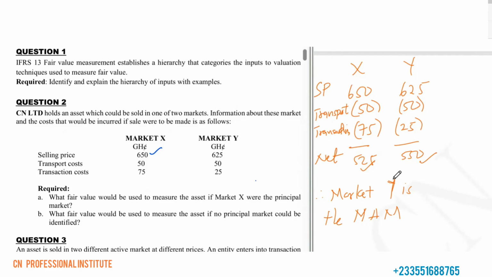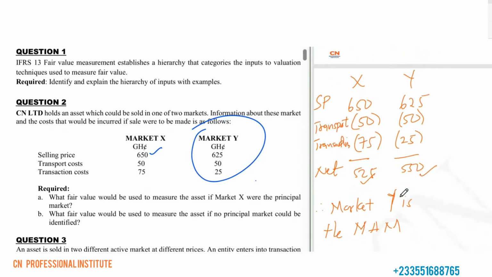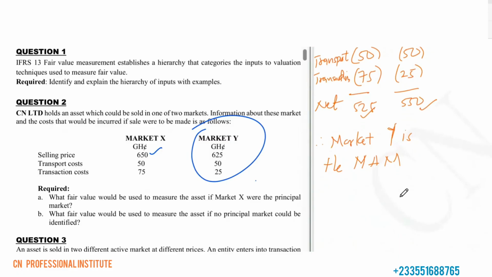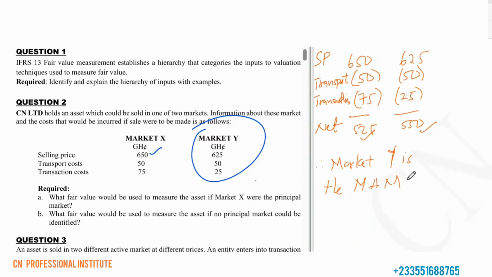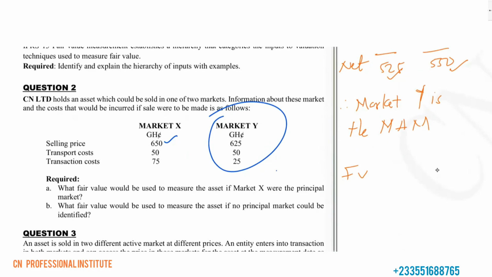And therefore we are going to determine the fair value from market what? Y. So for B, we are going to determine the fair value from the most advantageous market, which is market what? Y. So you go to market Y, therefore you write your fair value is equal to selling price minus our transport cost.